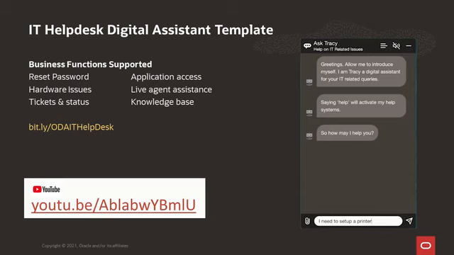So this template is available, and it covers a set of capabilities that are quite typical, I believe, in IT Helpdesk. If you talk to a customer using this template, you will definitely touch upon the standard topics that they will want clarification about, whether you support them or not.